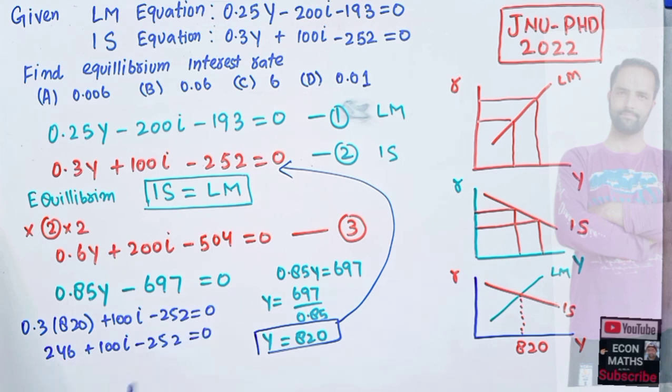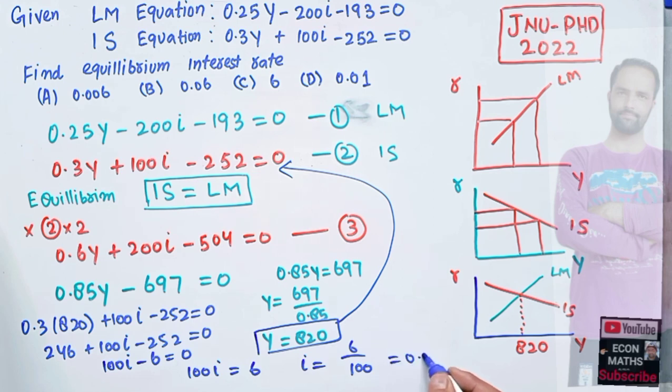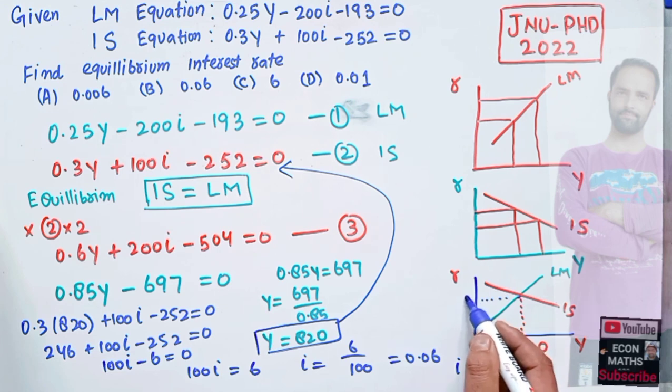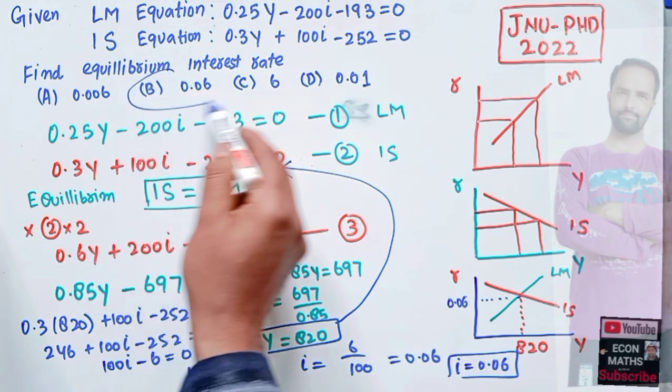So 246 minus 252 will come out to be minus 6, which implies 100i is equal to, transposing, positive 6, which gives us i equal to 6 upon 100, which is equal to 0.06. That means our equilibrium level of interest will be 0.06. So i will be equal to 0.06. The correct option should be option B, 0.06.